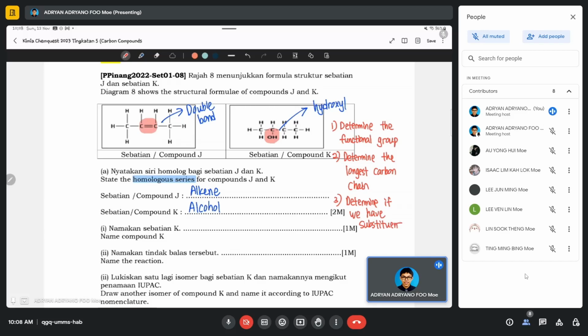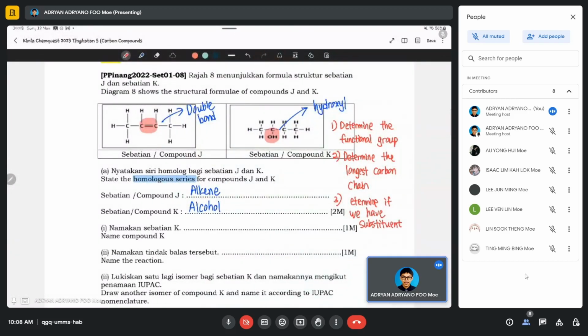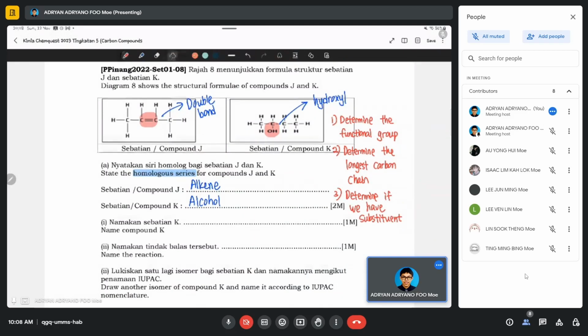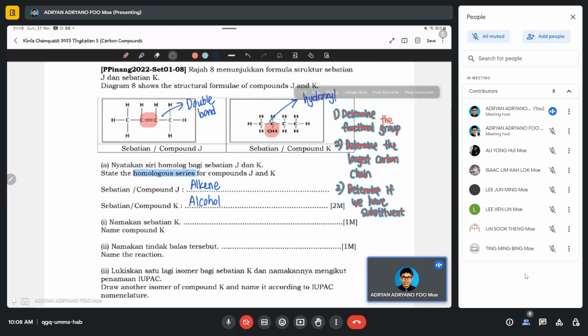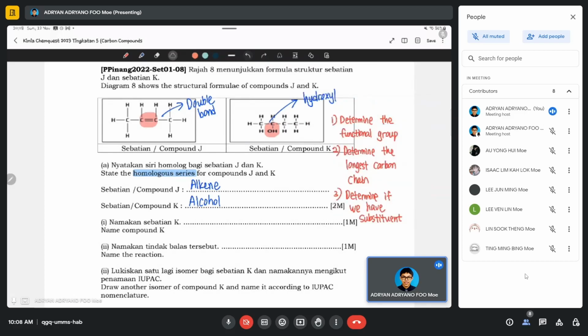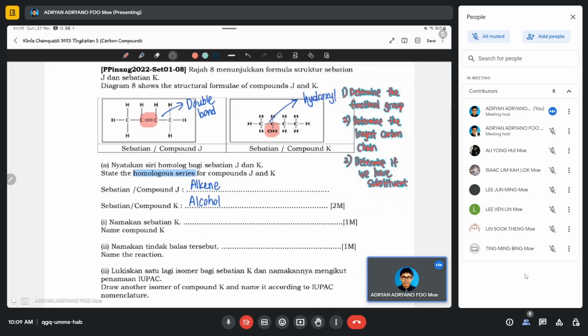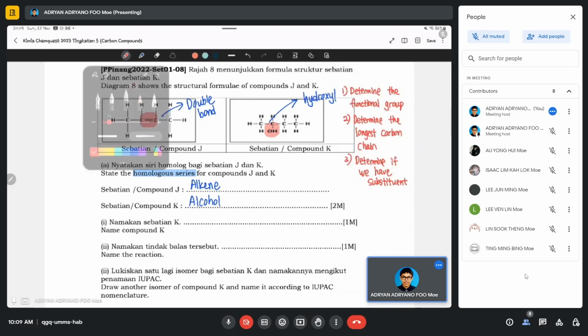Substituent 就是那个 methyl, ethyl 那些 okay? So we determine whether we have substituent. Okay, so these are the 3 things that we must keep in mind, okay, whenever we want to name. Okay, 当我们要取一个名字 okay, 我们就会针对这几个重点来去取.